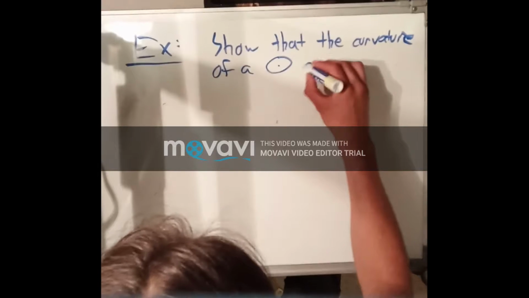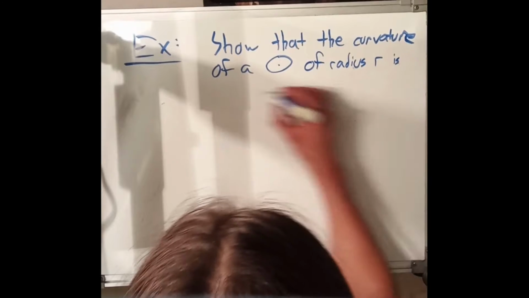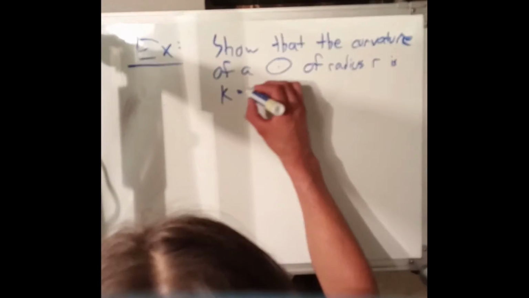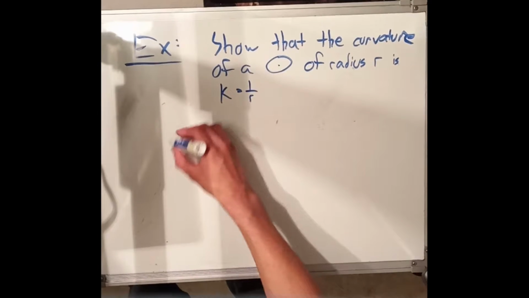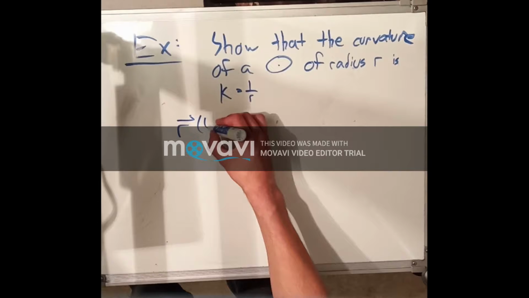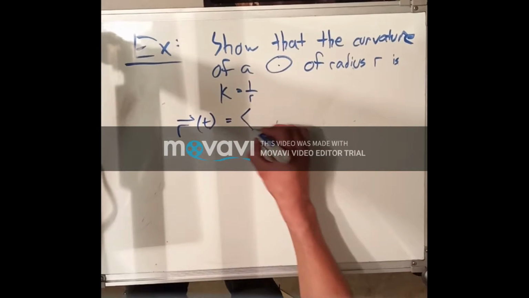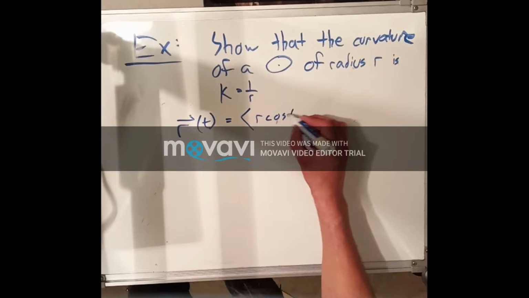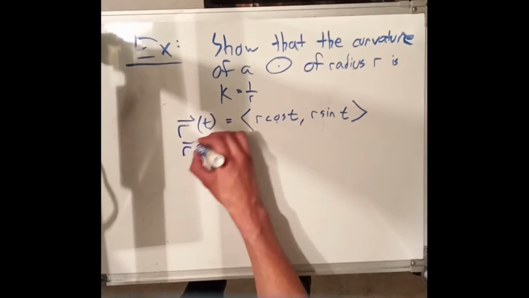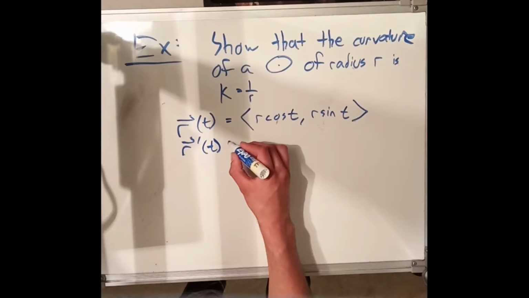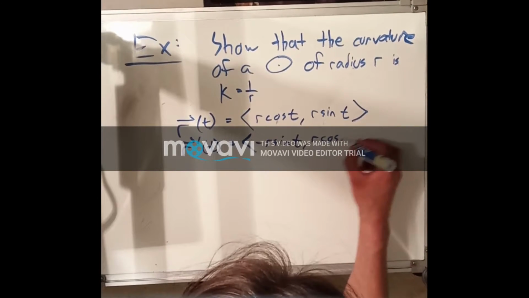The parameterization of a circle is easily given by r cosine of t, r sine of t. The first derivative with respect to t is negative r sine t, r cosine t.